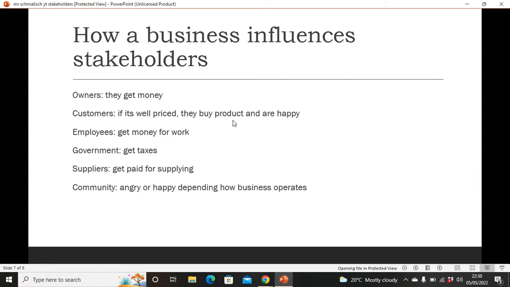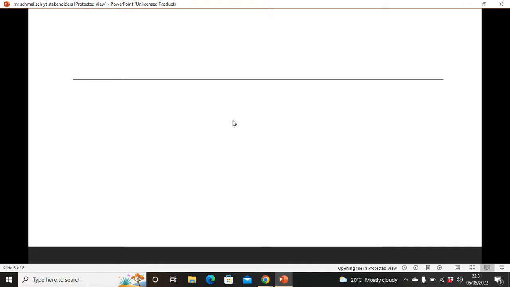The business might influence suppliers, because if they don't buy from the suppliers and go somewhere else, the suppliers themselves might go bust. And they can influence the local community because this is where they operate. If they're polluting the local community, that's obviously not going to go down well with the local residents, but obviously they can provide jobs, which is going to be fantastic for the local community.